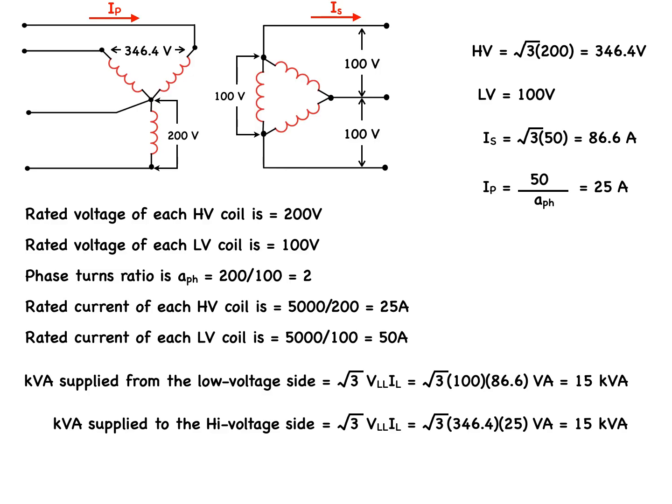Thus, we see the total kVA becomes 3 times the individual kVA rating of the transformers. Since the transformers are assumed to be ideal, the total kVA input should equal the total kVA output.